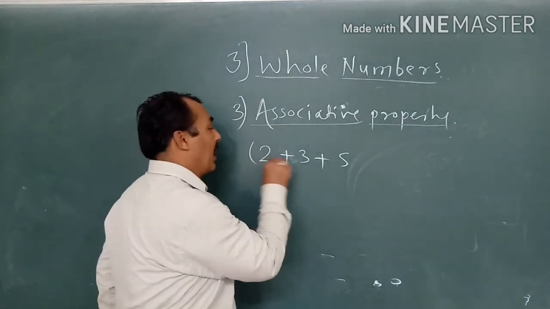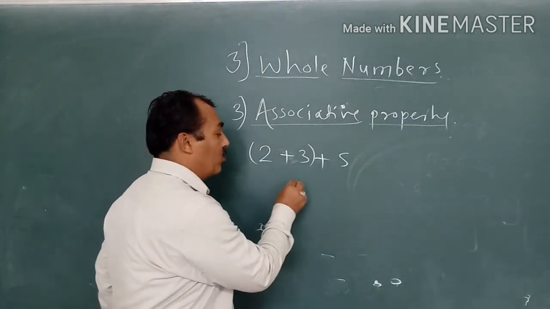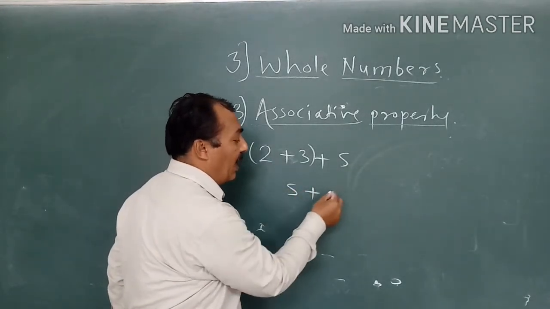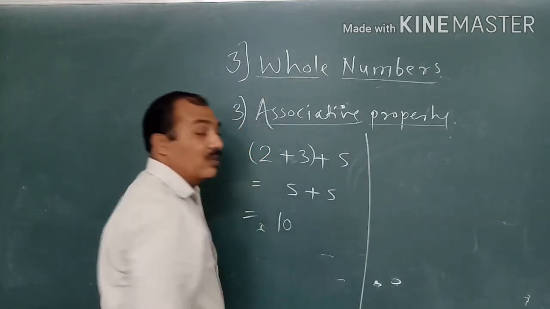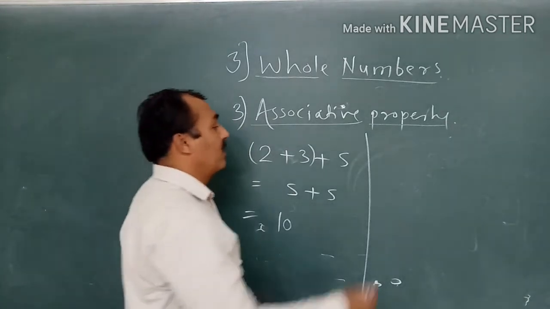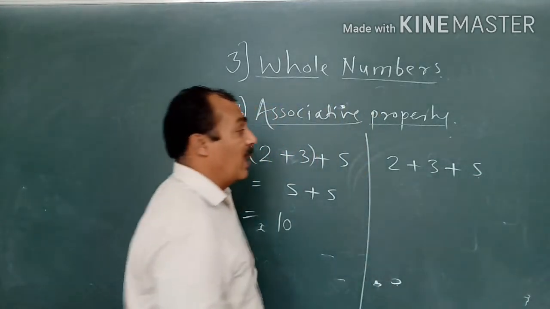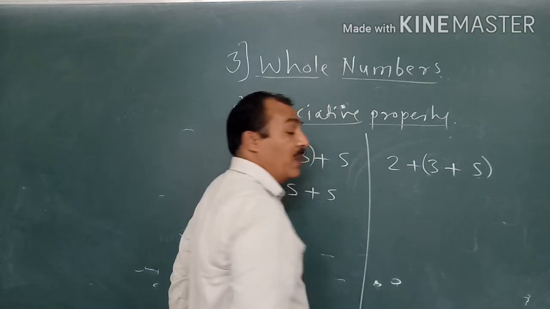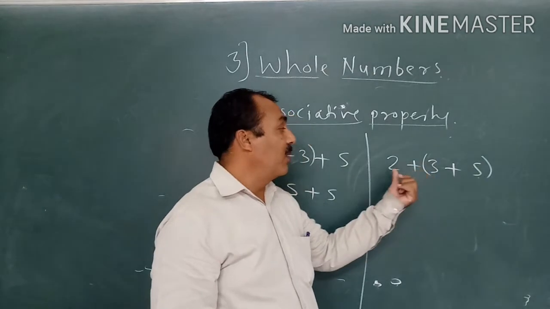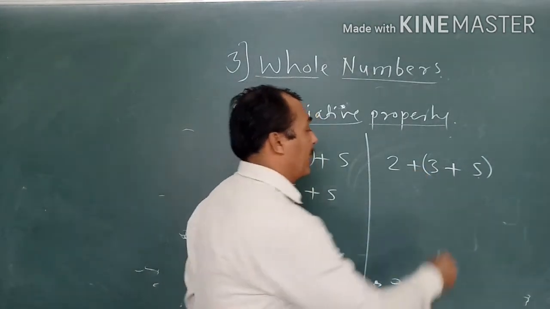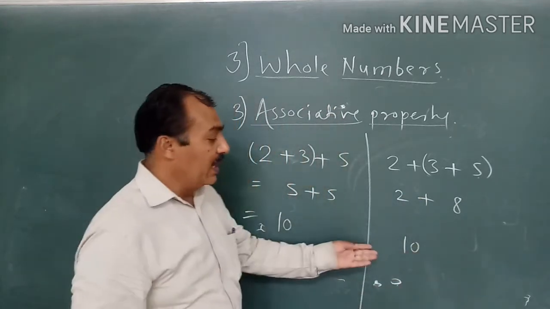For example, suppose we add these two numbers first, 2 plus 3, which is 5. In that sum, we add the remaining number. So 5 plus 5 is 10. Now there is another choice in our hand. Suppose for the same numbers, we can add them by making another grouping. 3 plus 5 first. First add these two numbers, and in that sum, add the other number. So 3 plus 5 is 8, and 8 plus 2 is 10. We get the same result.